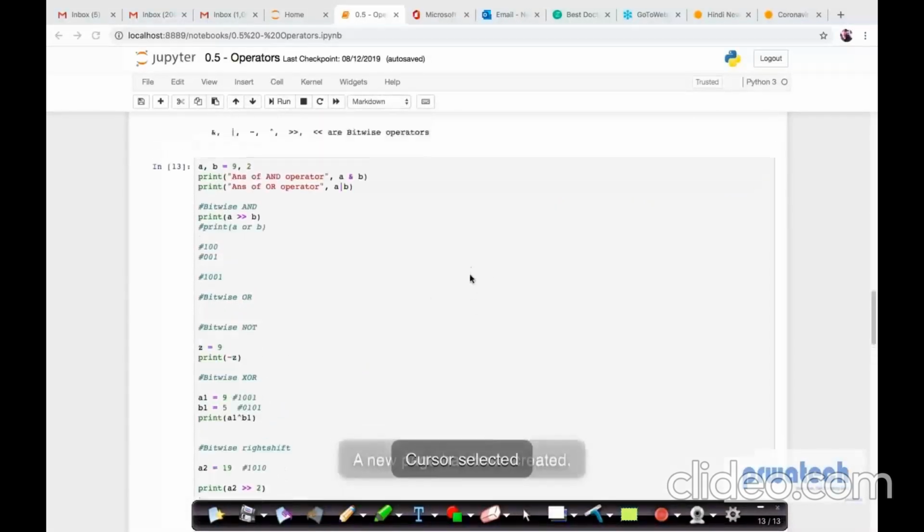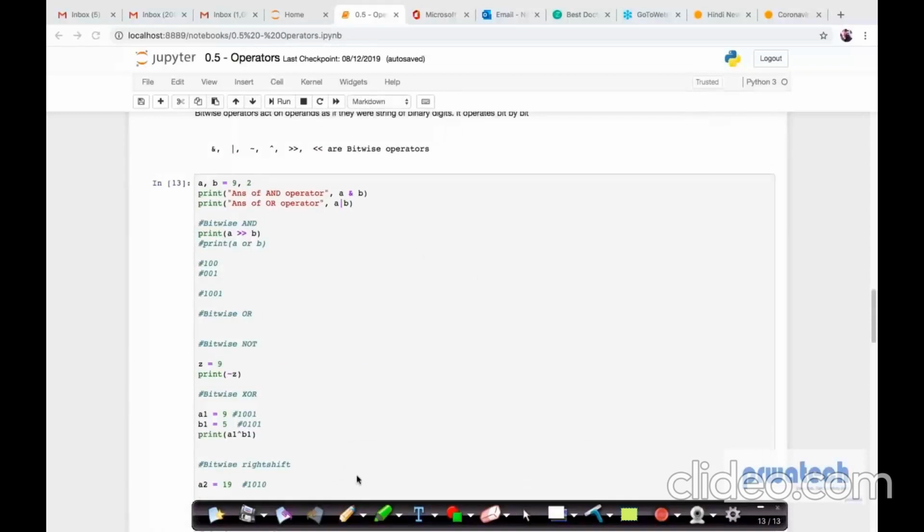After knowing 4 operators, 2 more operators: right shifting and left shifting. How will this right shifting work and how will this left shifting work? I have taken an example here. A left shifting 2 times, I'm saying. Yes, Bhushan, we apply this.